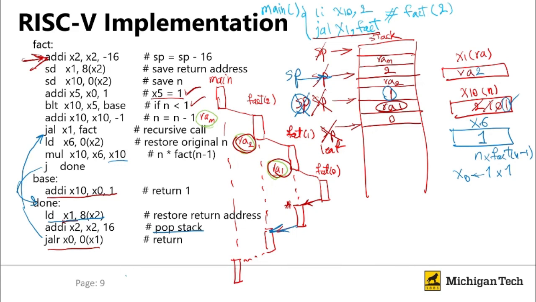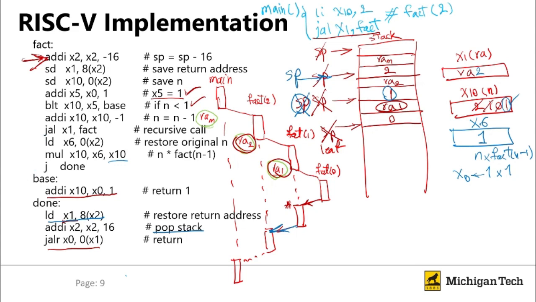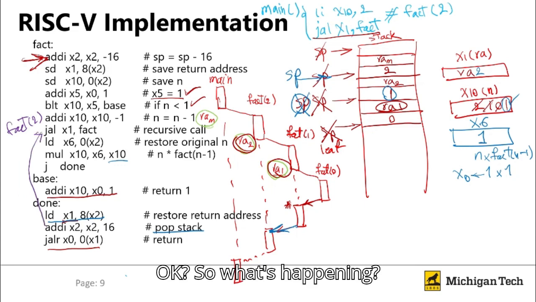That's interesting, okay? So what else do we need to do? When we jump here, again, let's change the color. We are in, for example, here. We are in fact 2 now. So what's happening? We take the stack pointer, which is x2.